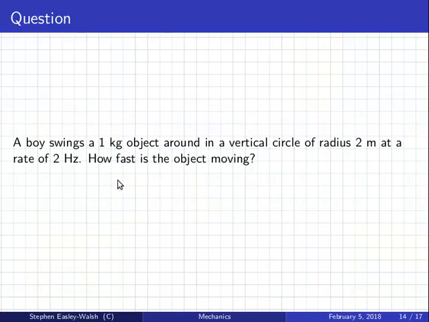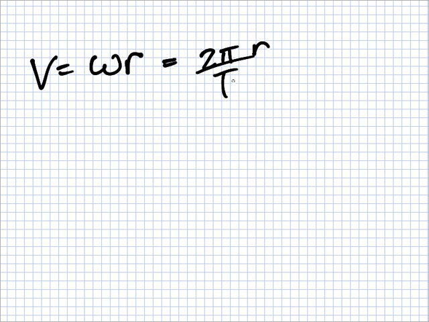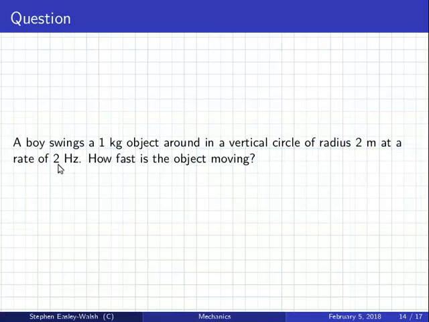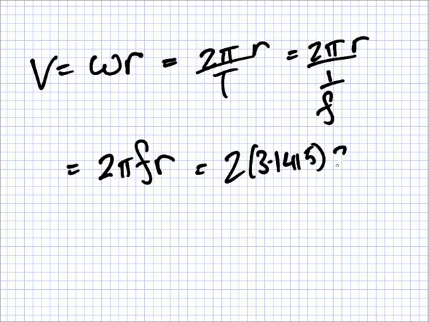If we look at the story, we don't know the T. So how do I get the T? What's the formula for T? 1 over F. So we end up with this formula, 2 pi F R. Because we know 2, we know pi, we know F, and we know R. So we can get the V.